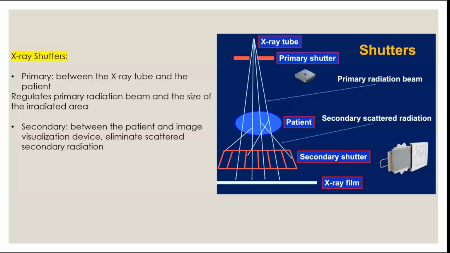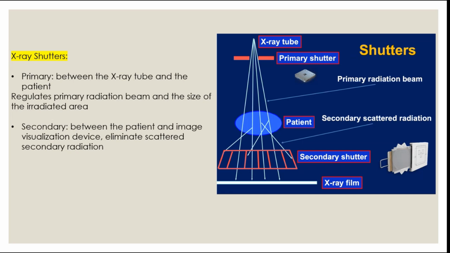There's another component, the X-ray shutters. We have a primary one and a secondary one. The primary is between the X-ray tube and the patient, and this one regulates the radiation. It controls the size and the area that undergoes radiation.